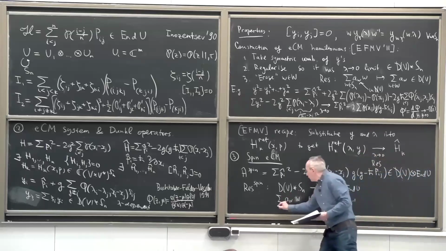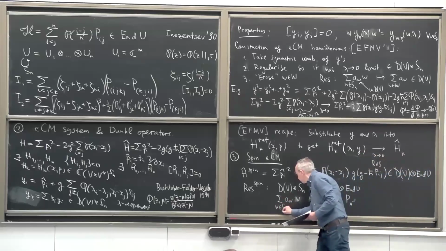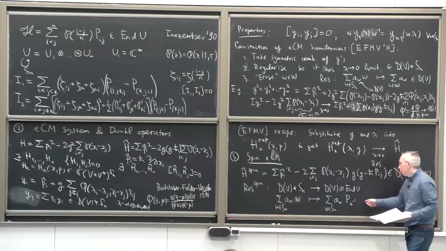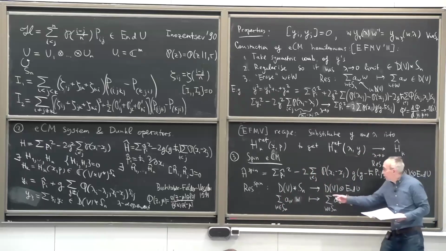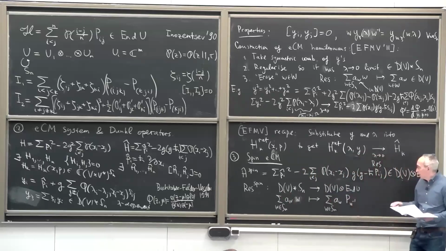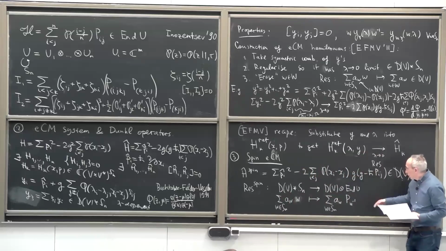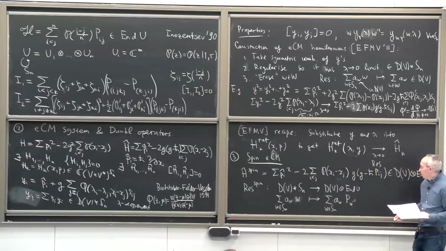So that's the map which you need. It converts elements here to matrix differential operators, and it's not an algebra homomorphism.